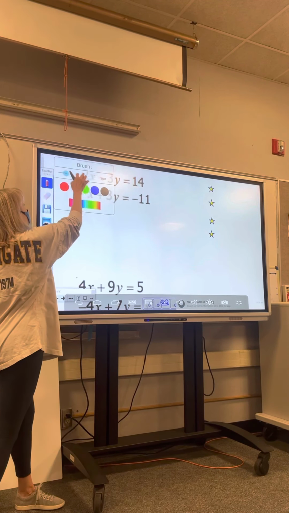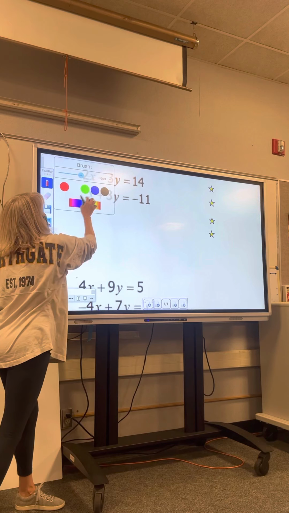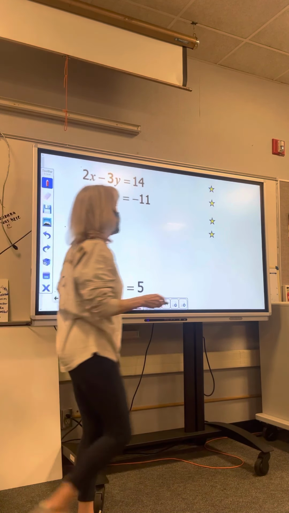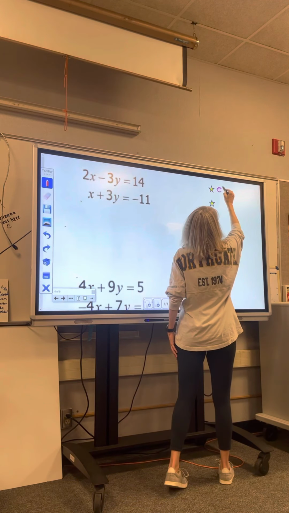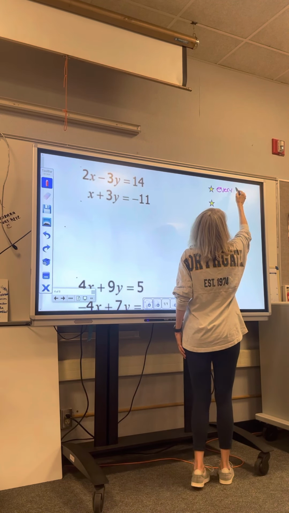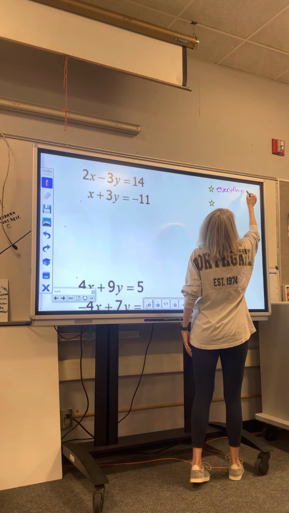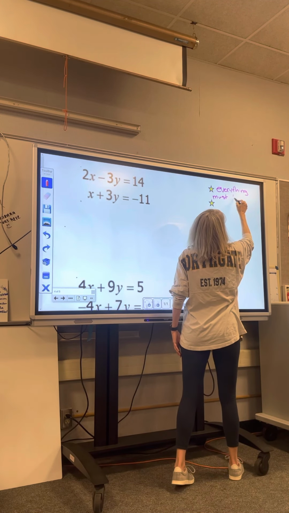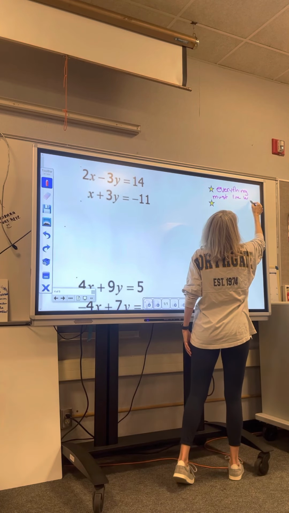In order to use elimination, 3 things have to happen. Number 1, everything must line up.